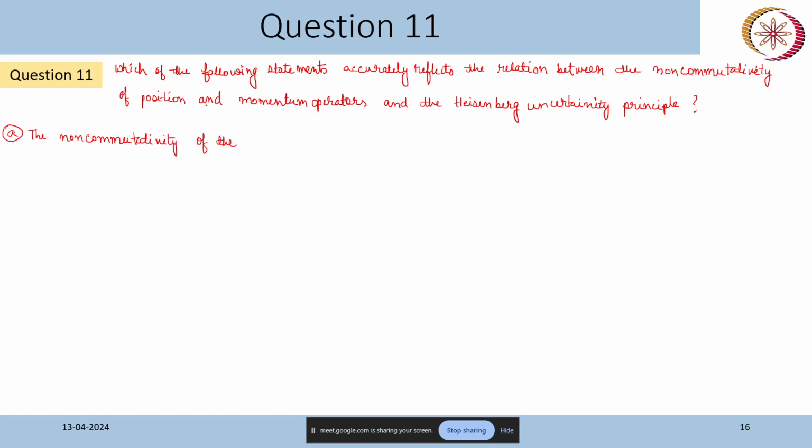The position operator, if I'm considering only the position in x direction, is denoted like this. I will use these shortcuts to write down the question. And momentum is denoted by p, so I'm writing px. I'm only considering one direction.